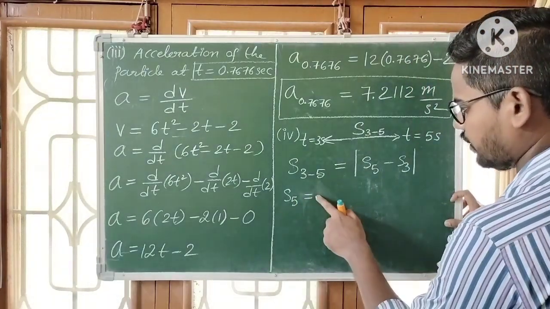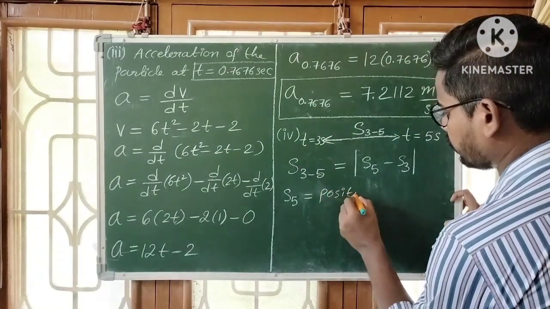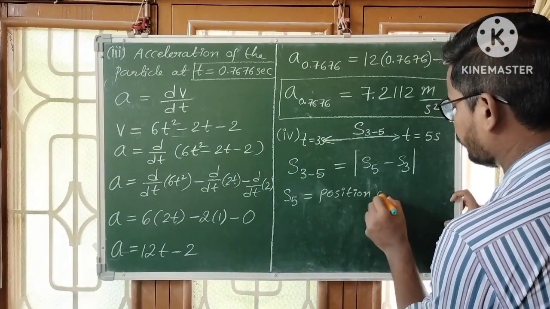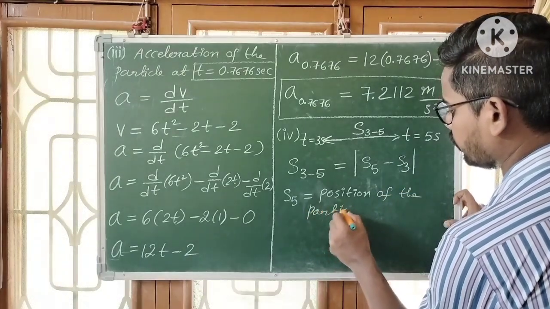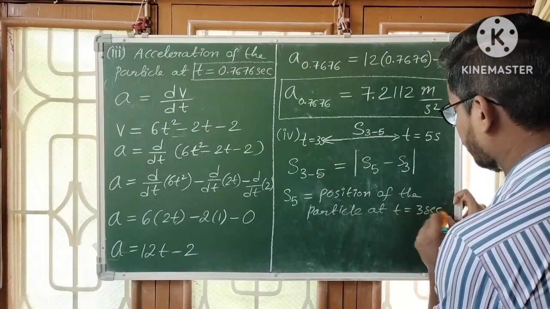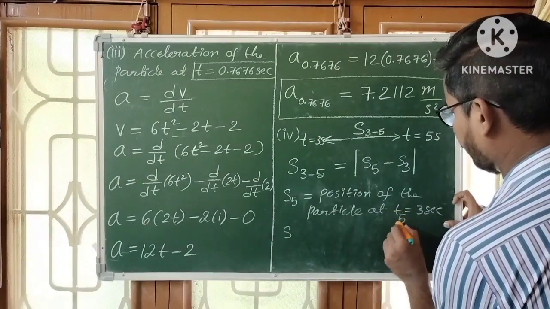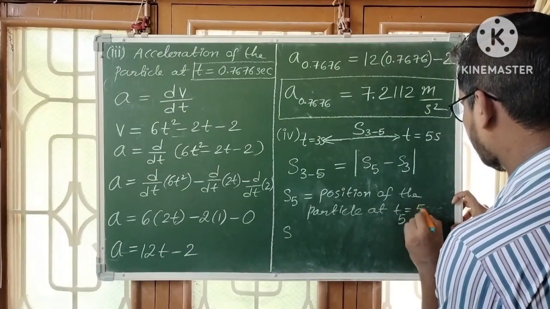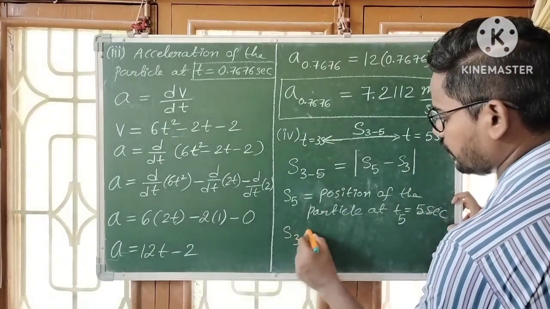S5 means position of the particle at t5 equal to 5 seconds, the final position. What is S3? Same, position of the particle at t3 equal to 3 seconds.